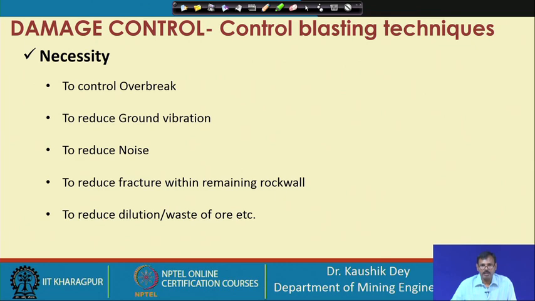If cracking occurs in the remaining rock masses underground, then an additional supporting system like roof bolting etc. is required, because the rock strength will be decreased. Further to that, in some cases grouting may be required for reinstilling strength into the rock, which may be very costly. That is why damage control is very essential in the underground also.